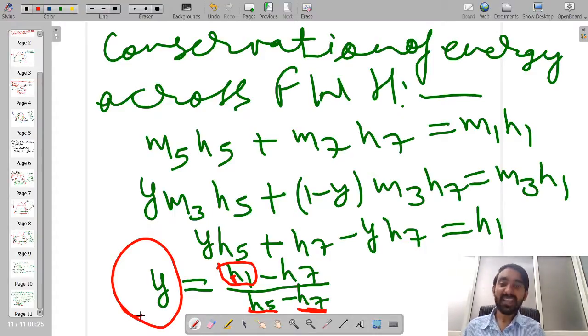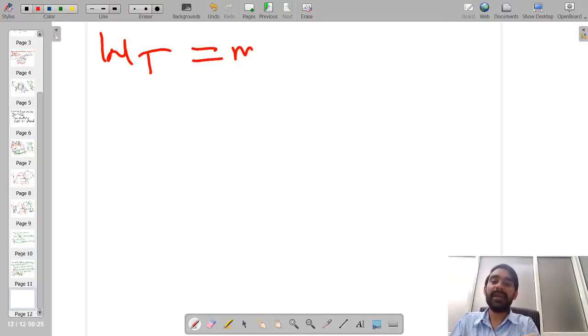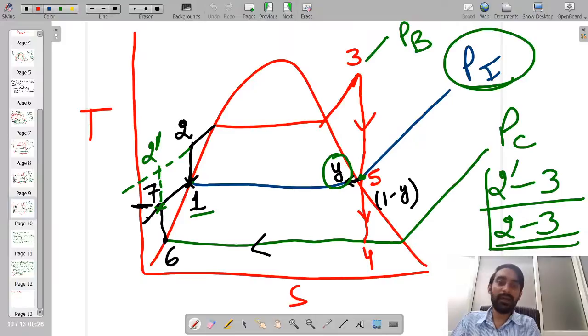Now let me finally tell you about the efficiency of the cycle. For finding the efficiency of the cycle, we have to determine the turbine work. Say m3 is the total mass flow rate entering the turbine at the inlet. From our TS diagram, this total m3 amount remains during the expansion from point number 3 to point number 5.